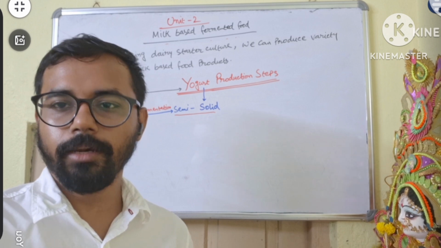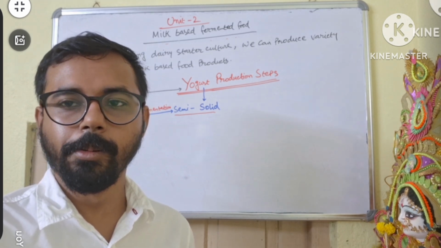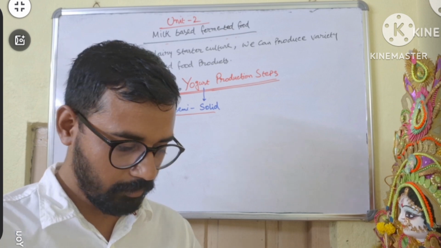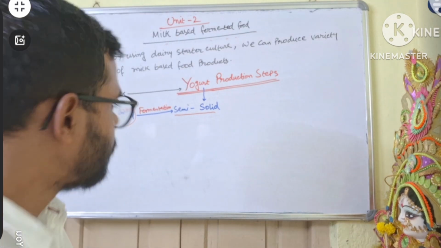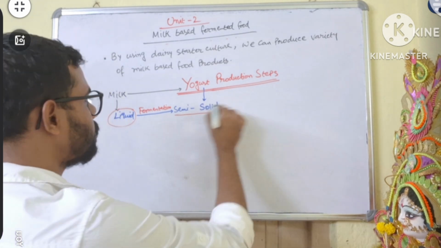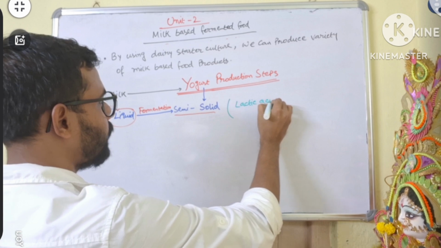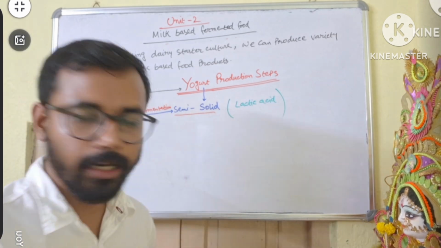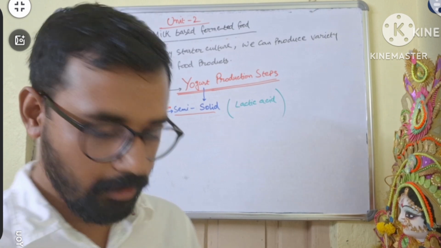So why is coagulation happening? See, the main culprit to make the liquid to semi-solid or solid conversion is the lactic acid. Sir, why? How does lactic acid change the consistency?